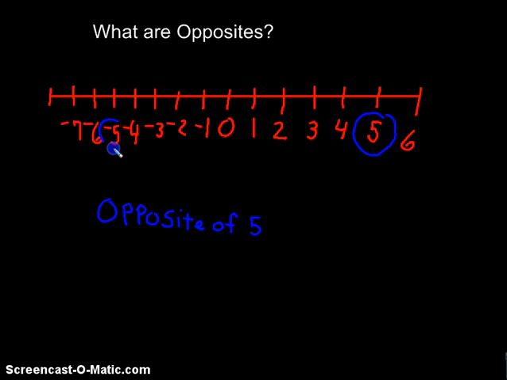Obviously, that would be -5. The opposite of a number always has the other sign. So if it's a negative number, the opposite will be positive. And if it is a positive number, the opposite will be negative. For instance, the opposite of -104 will be +104.